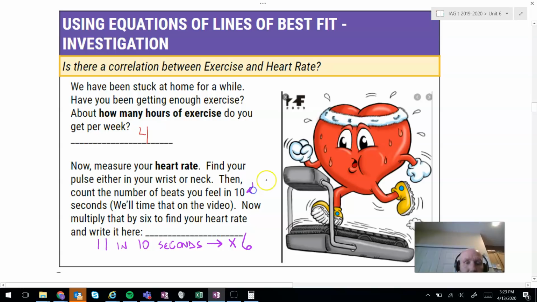There are 60 seconds in a minute, so we multiply whatever we got in the 10 seconds by 6. My 11 times 6 is 66 beats per minute. That's a common term in the medical and fitness fields: beats per minute. So, 66 beats per minute.